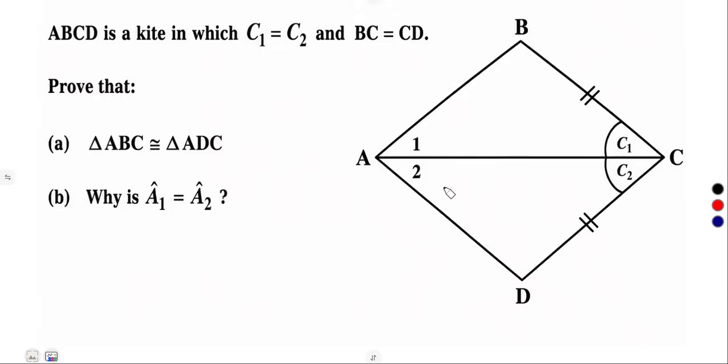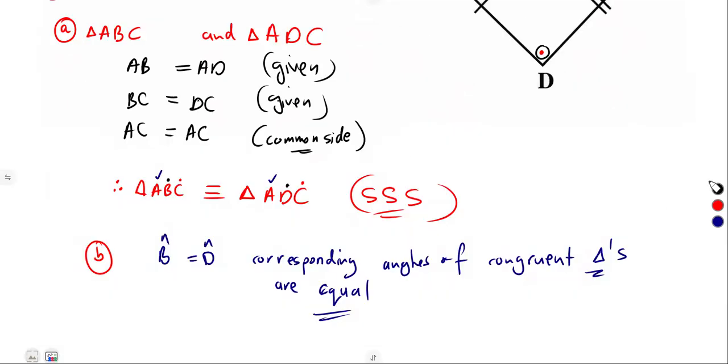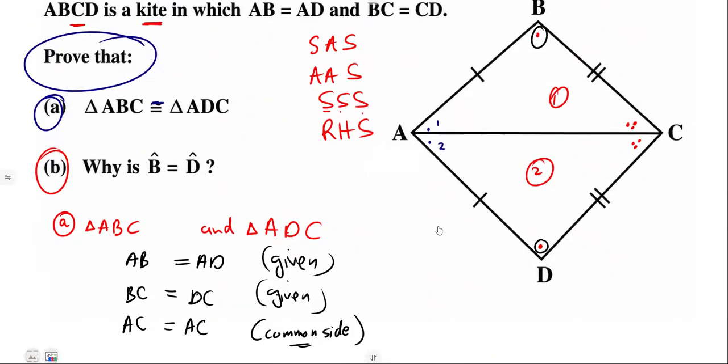Another question that we are going to work on is to prove the congruence concept, where ABCD is a kite. What you are given is similar to the previous kite that we had.